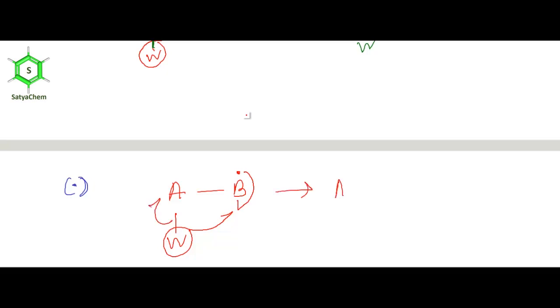Then the A-B bond remains and the new bond is B-W. Now A carries the unpaired electron. Again, the main difference between reactant and product is the different bonding connectivity.